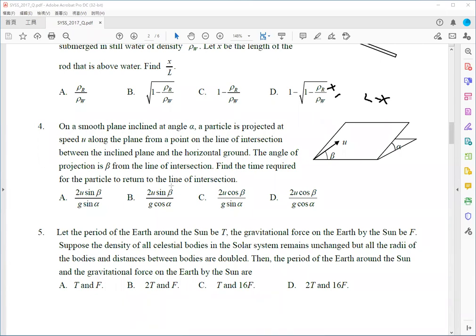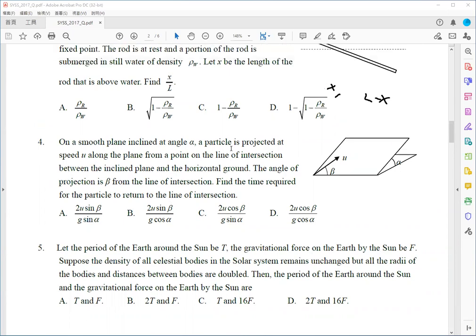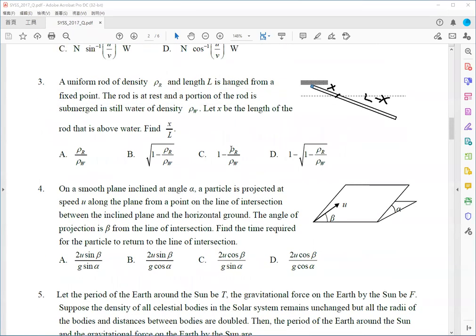You look at the notes by yourself. One very important thing is the point of application, the point where the force acts.